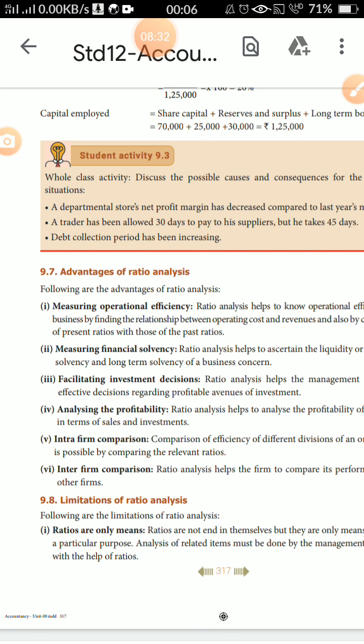Okay students, very important 5-mark questions, these two questions. Limitations of ratio analysis is a 5-mark question. Next one, advantages of ratio analysis, this one is also a 5-mark question. Listen students, although this question is worth 3 marks, you must read at least 5 points.